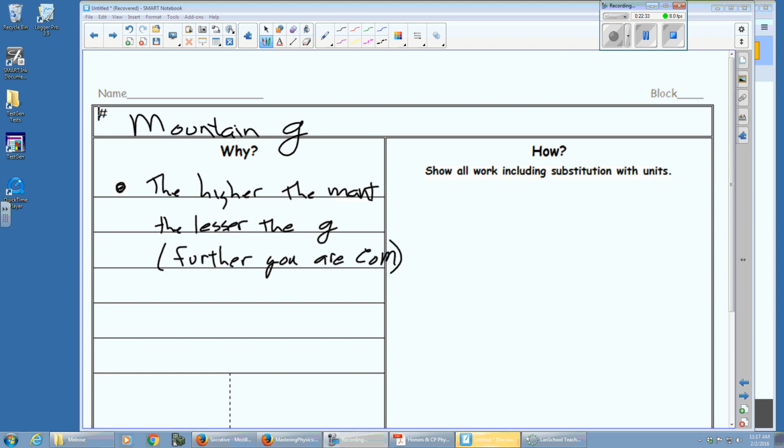Right? So you go up on the mountain, you're further from the center of the Earth. So where in the United States would have the highest G value?